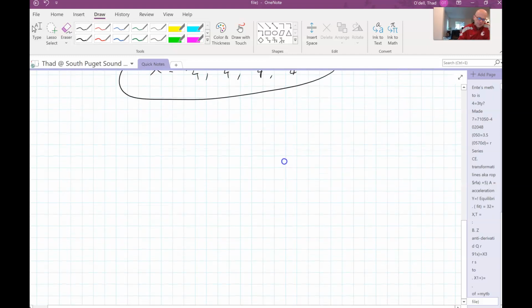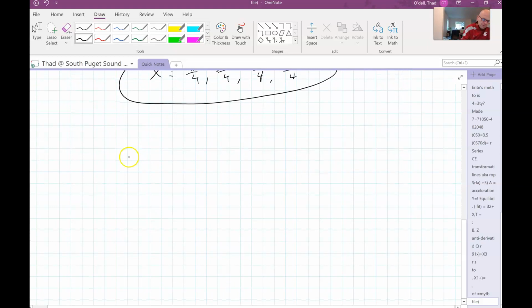Let me do one more example. Let's say we have 3 tangent x minus 4 is equal to negative 7.